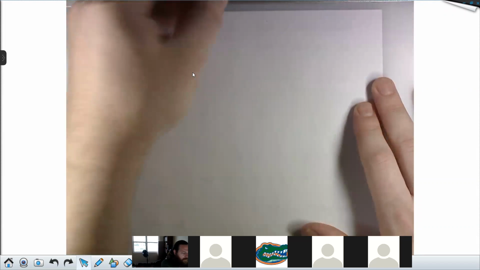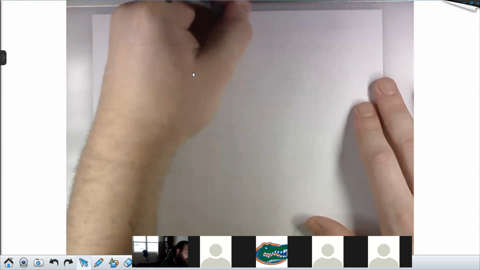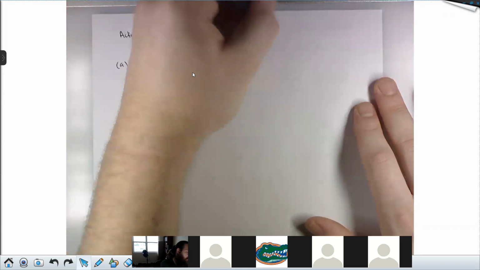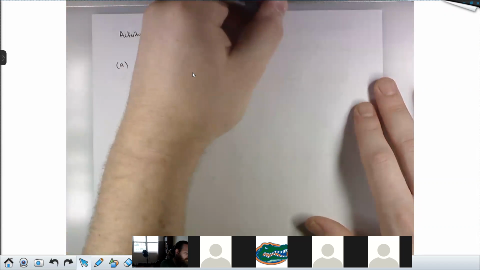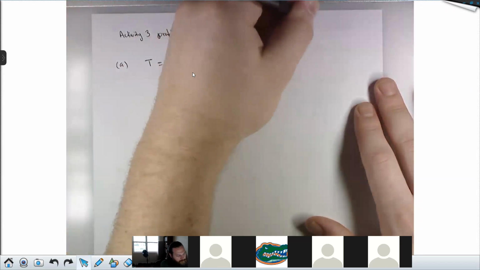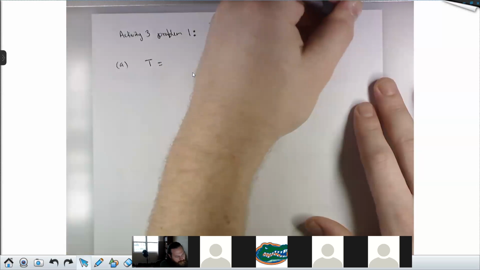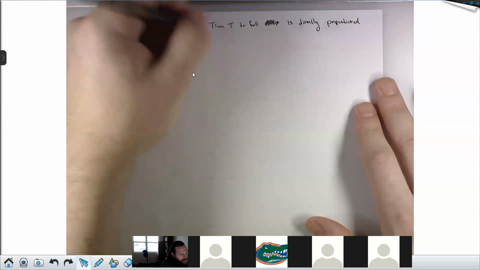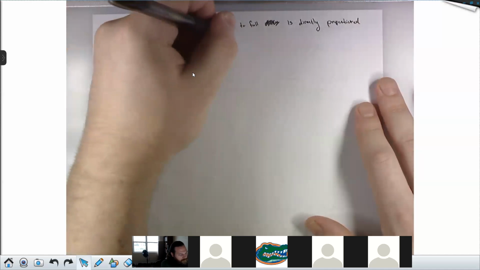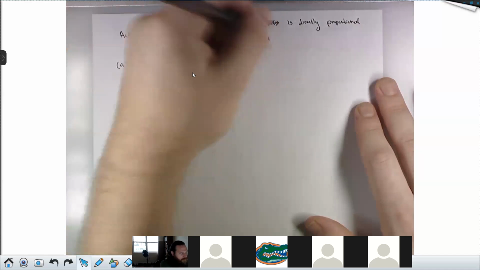So that's very close. They say that the time t to fall is directly proportional to the square root of the distance h it has to fall.